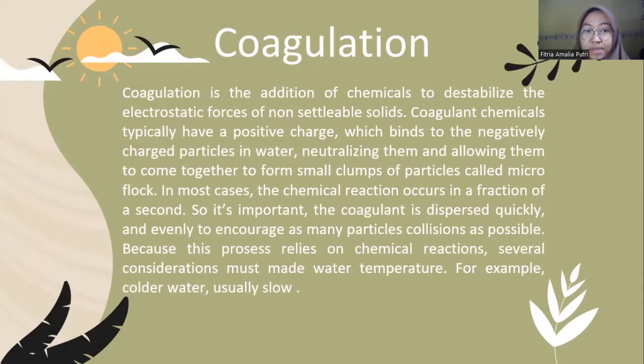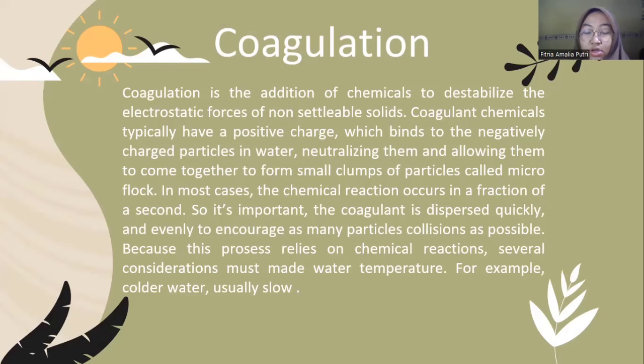Coagulant chemicals typically have a positive charge, which binds to the negatively charged particles in water, neutralizing them and allowing them to come together to form small clumps of particles called microfloc. In most cases, the chemical reaction occurs in a fraction of a second, so it's important the coagulant is dispersed quickly and evenly to encourage as many particle collisions as possible.